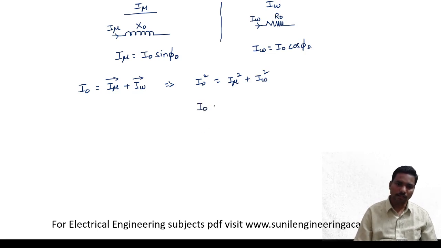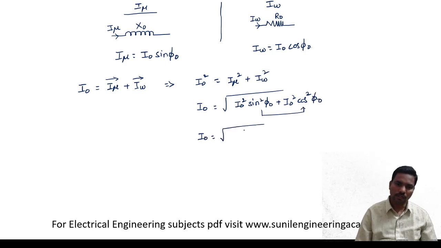So I naught is equal to root of I mu square plus IW square. That is I naught square sin square phi naught plus I naught square cos square phi naught. So sin square theta plus cos square theta is equal to 1.